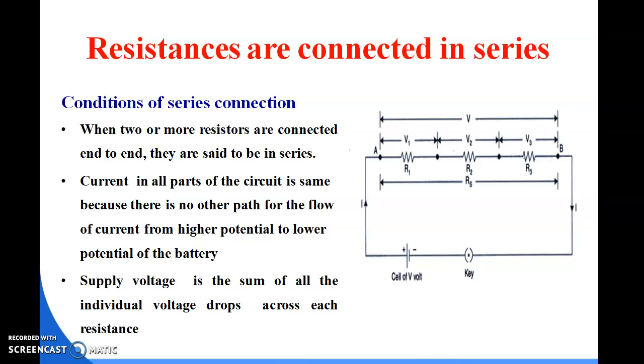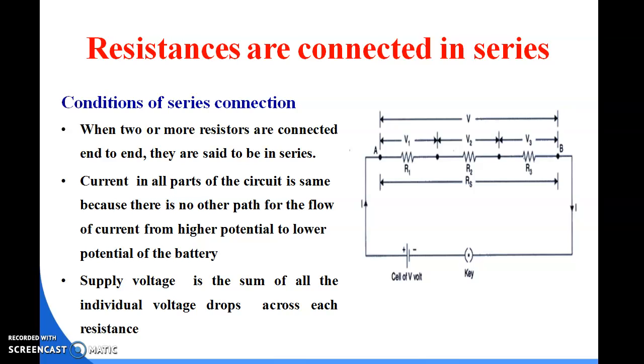In a series connection, the components are connected one after another, that means in end-to-end connection. Here the same current flows through all the components in the circuit, and a different voltage exists across each component.